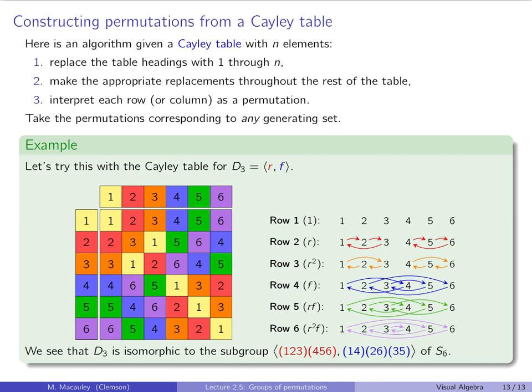So this is not a proof, but I want you to think about how, if you think about the elements of a group as numbers and you multiply by things with a group operation, you are really just permuting numbers. So when we get to group actions, we are going to formalize this as saying that a group acts on itself by multiplication.